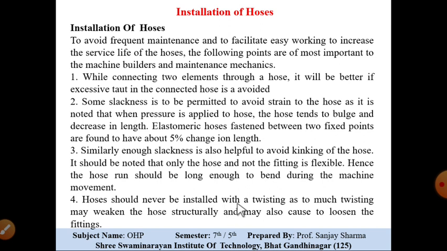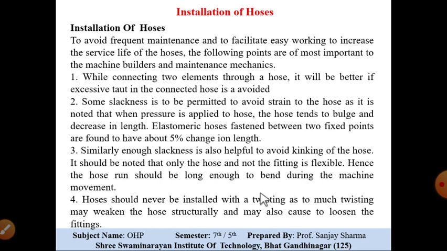Hoses should never be installed with a twist, as too much twisting may weaken the hose structurally and may also cause the fittings to loosen. This is also one of the very important points, because friends, this is the major problem faced during the fitting tightening of the hose.